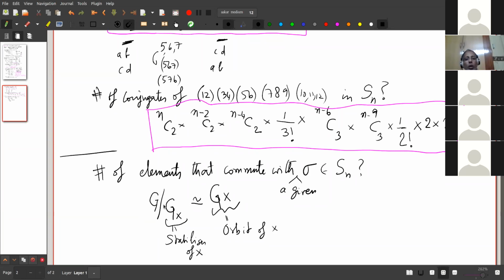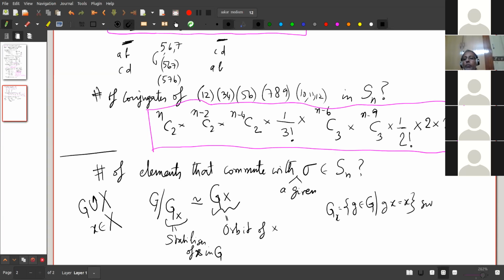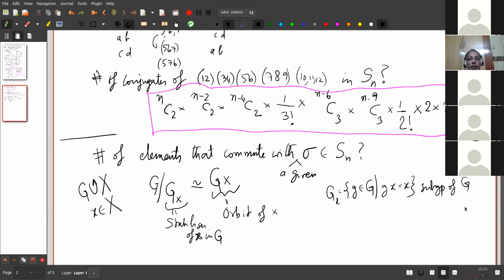It goes without saying that G is a group acting on a set X, and x is a fixed point in X. You have fixed a point little x, and so this is the stabilizer of this little x in G. Meaning all those elements, let's recall the definition, G sub x is all those elements of the group which fix this given element. And we had seen yesterday that this is a subgroup of G. And G x is the orbit.